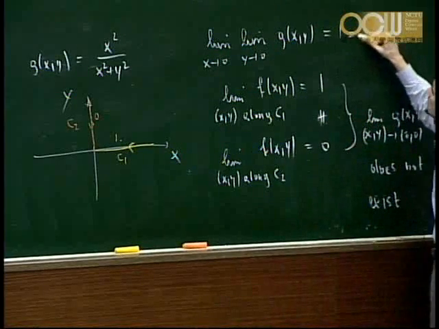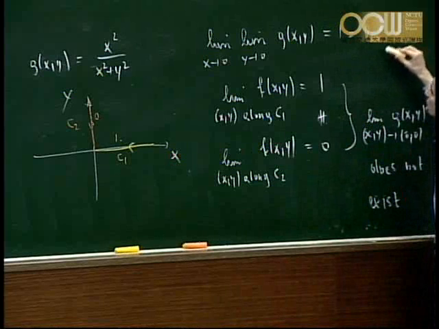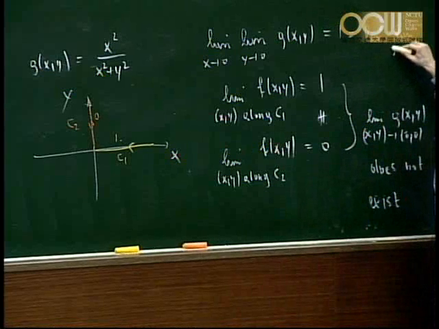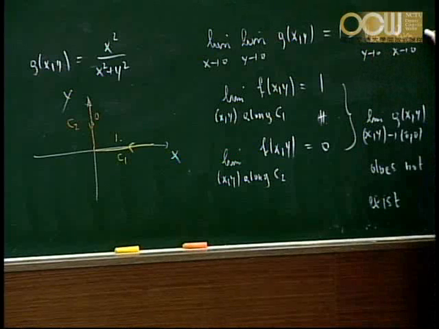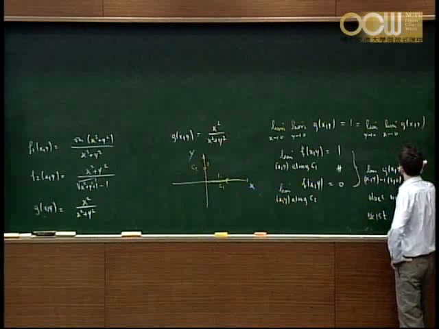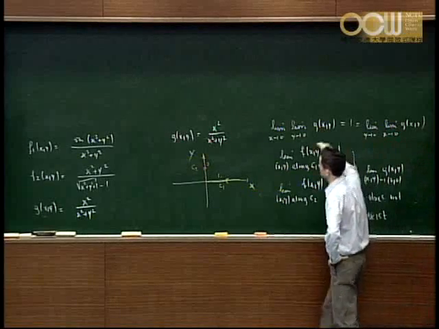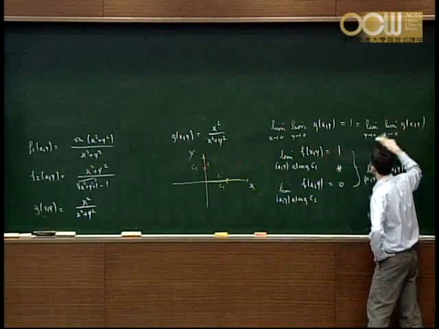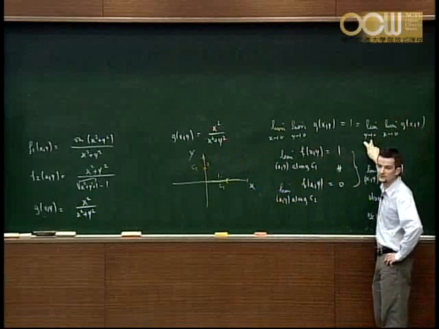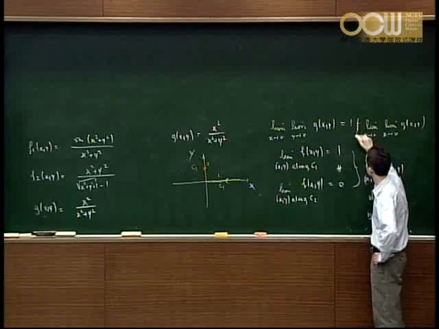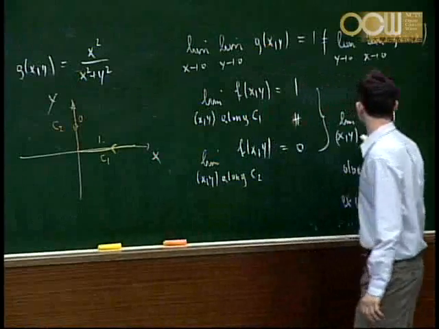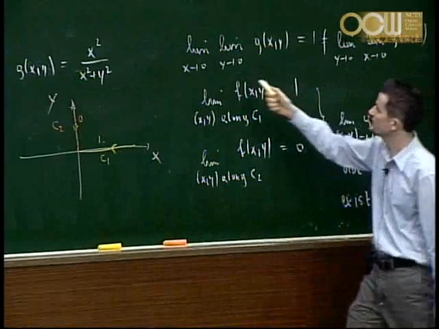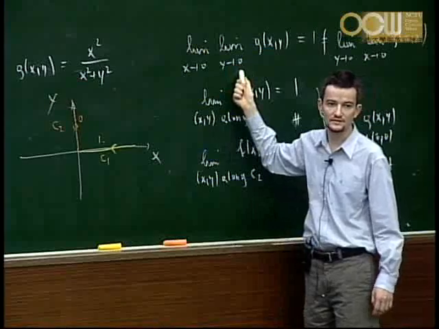But if you do it differently, first let x approach 0, then you get 0, so this function is 0, and then you let y approach 0, you get 0, which is different from 1. So this is not just a symbol for computing the limit, it is the iterated limit.